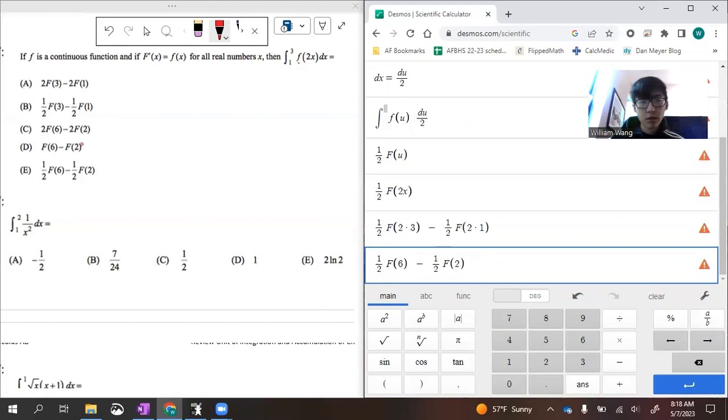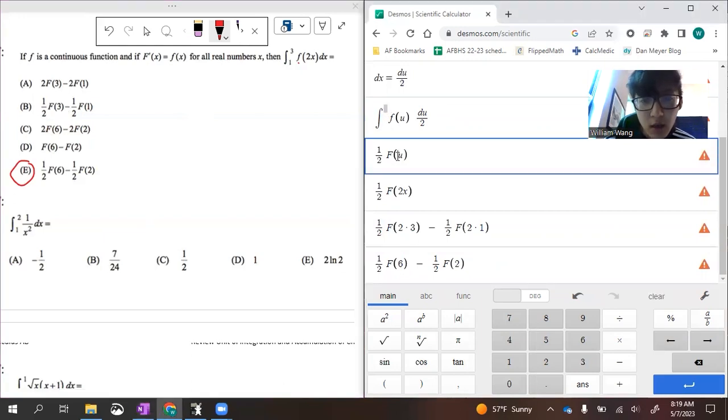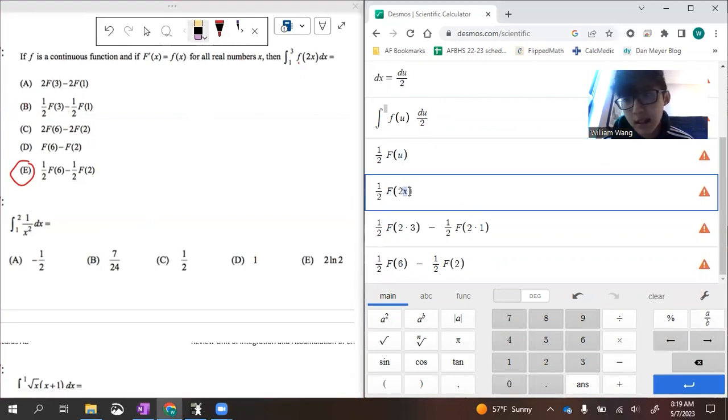Does this correlate with anything? Yeah, it looks like it's going to be answer choice E right here. If you made a mistake of plugging in just 3 and 1 directly into this, you might have gotten answer choice B, but that is not correct, right? Because you have to replace your u back in with 2x. That's like the final step of u sub.